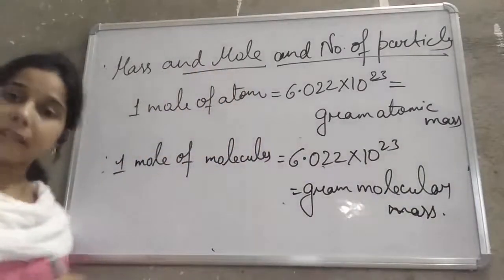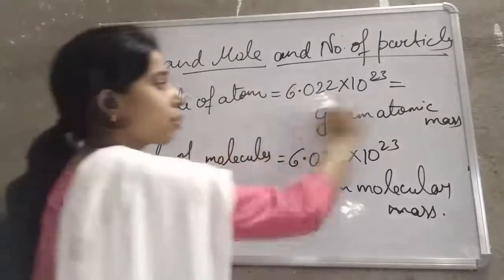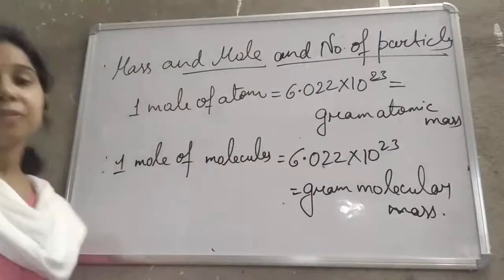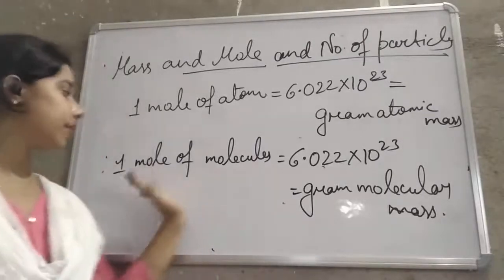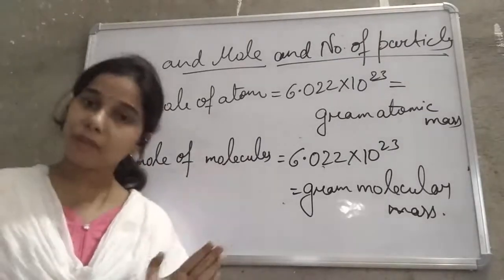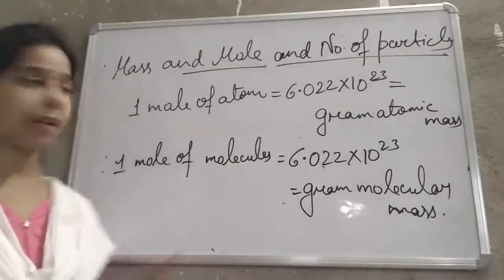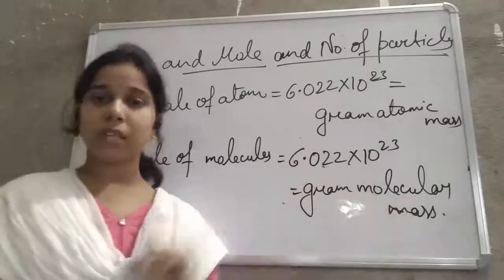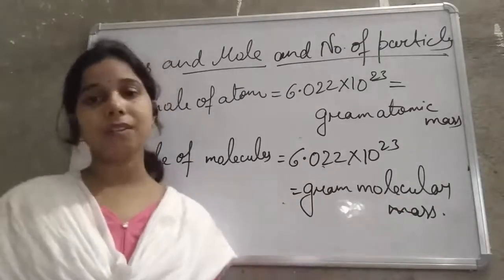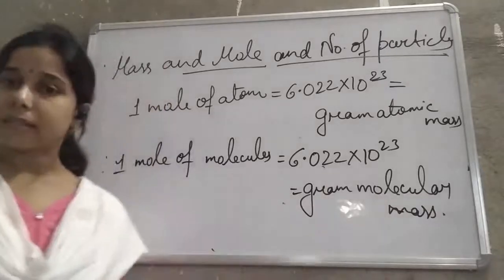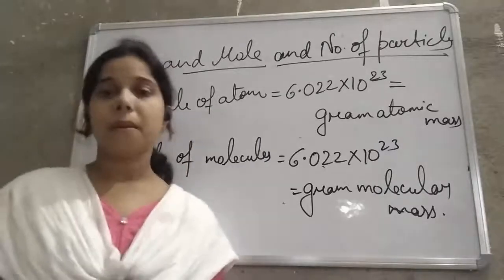Okay, so by this we can show the relationship that 1 mole of the atom is equal to 6.022 into 10 to the power 23, that is, the number of particles is fixed. Likewise, if we say 1 mole of a molecule, it has a fixed number of particles, that is 6.022 into 10 to the power 23, as well as a fixed mass. So that will be the gram molecular mass. So this is the relationship between mass, mole and number of particles.